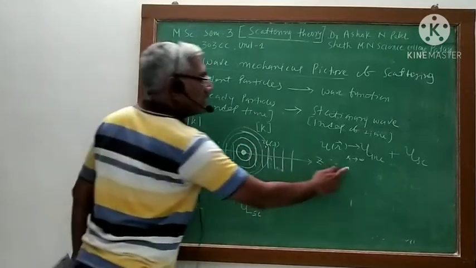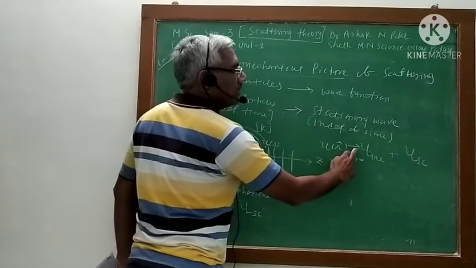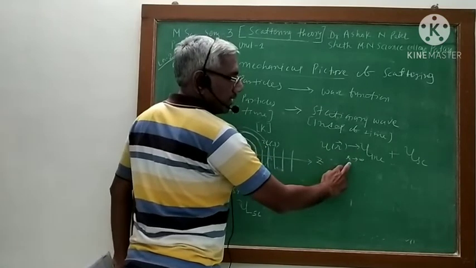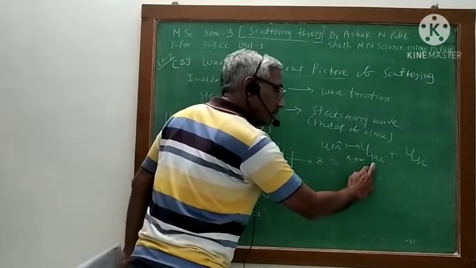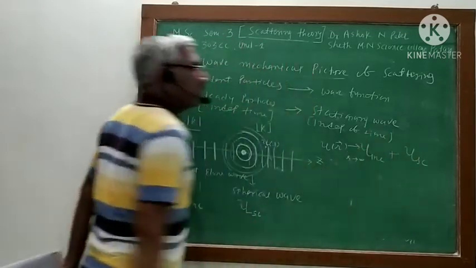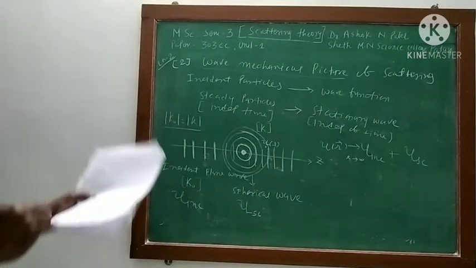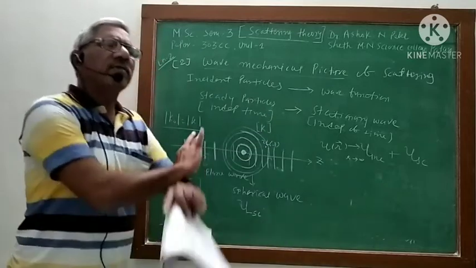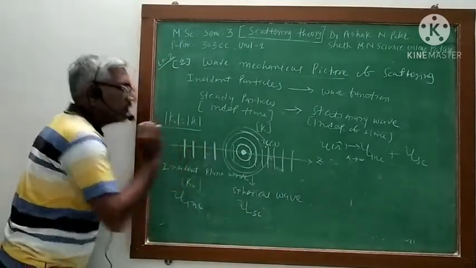So in that case, the wave function at r, as r tends to infinity, could be the incident wave function plus the scattered wave function, isn't it? Okay. So now just try to visualize a very simple thing: I am considering the incident wave.